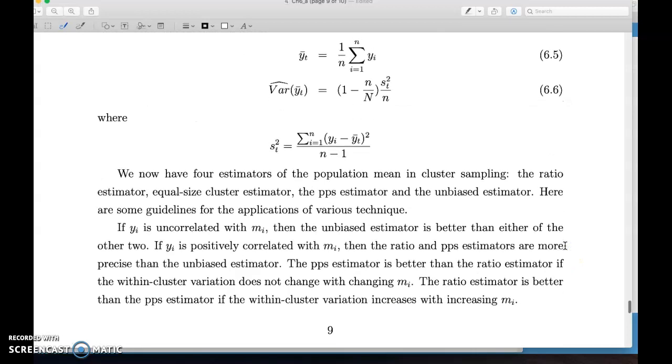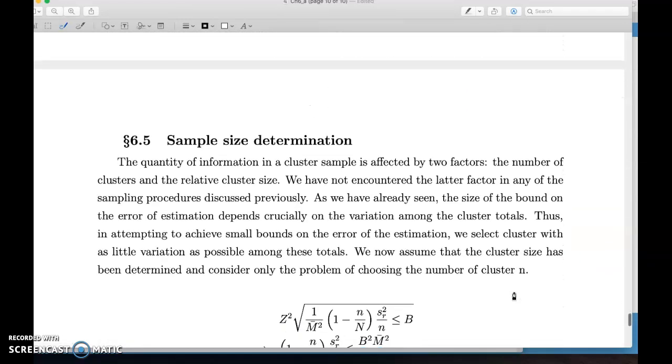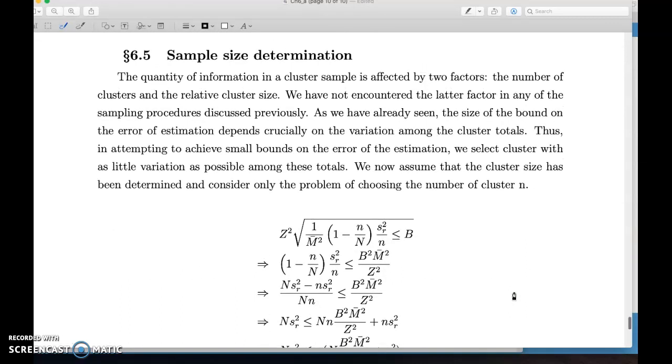So let's go back to the lecture notes, where we more or less say the same thing. And lastly would be sample size determination. Under cluster sampling, we don't put too much emphasis on sample size determination. There are two factors under cluster sampling. First is the number of clusters that we are going to sample, and secondly is the relative cluster size.